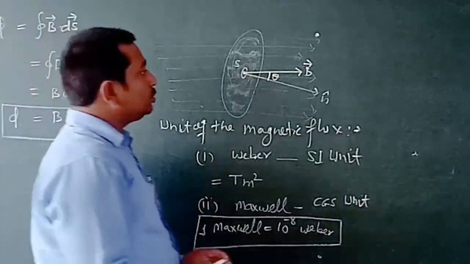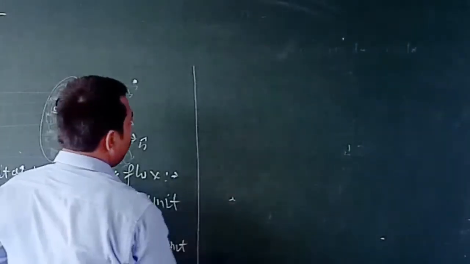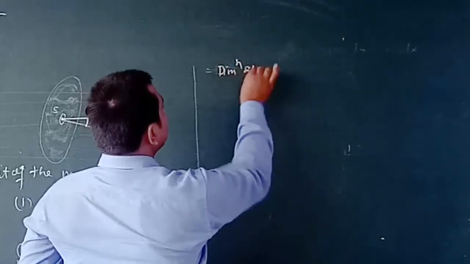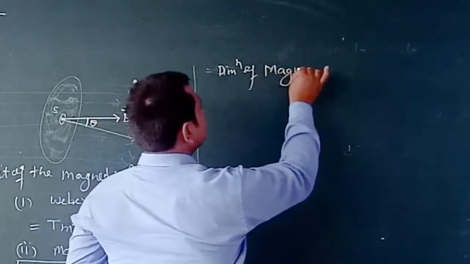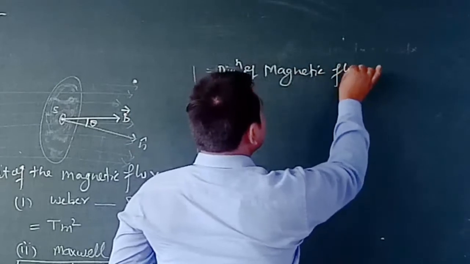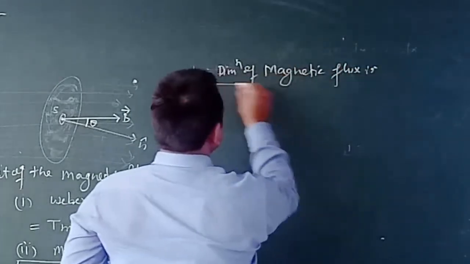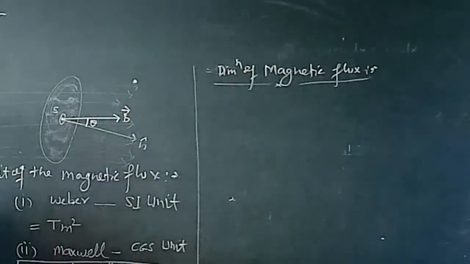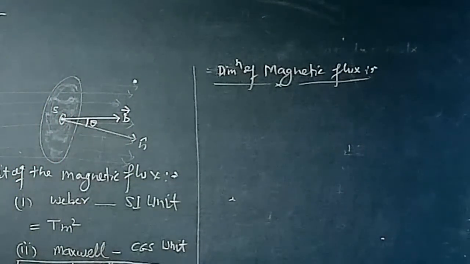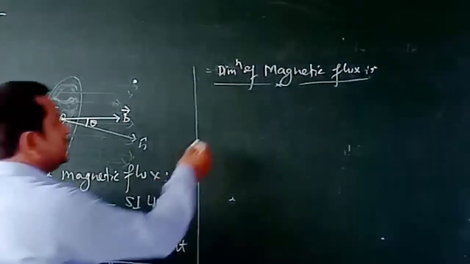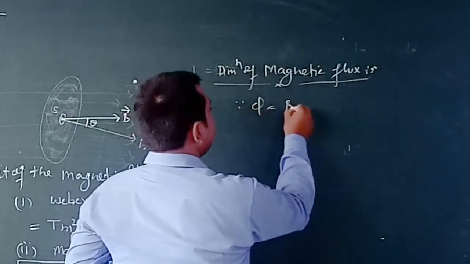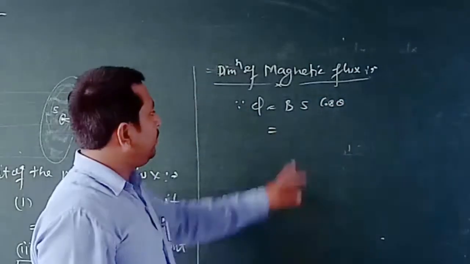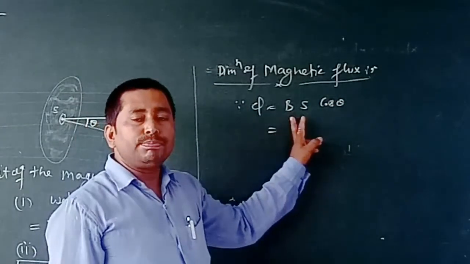Now let us calculate the dimension of the magnetic flux. From here we are seeing that phi is equal to B S cos theta, and this B can be replaced by a formula.